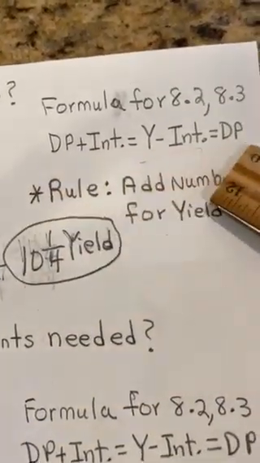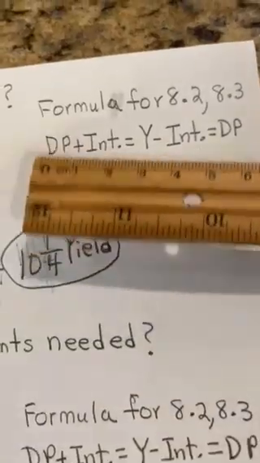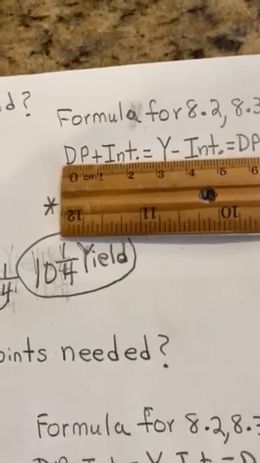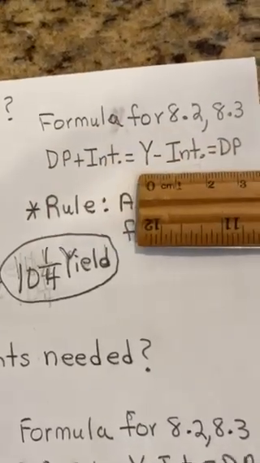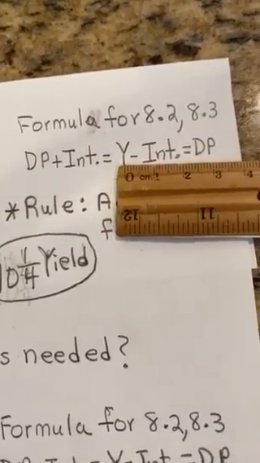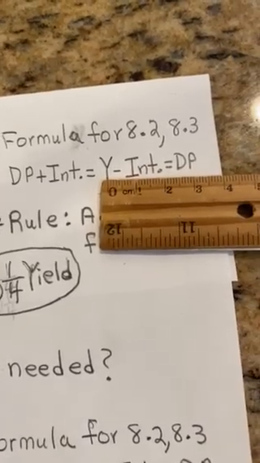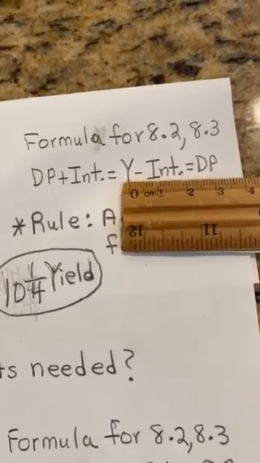This one formula will cover both of them. The first part of the formula is discount points plus interest equals yield, and the last part will be your next question, how many discount points: yield minus interest equals discount points.